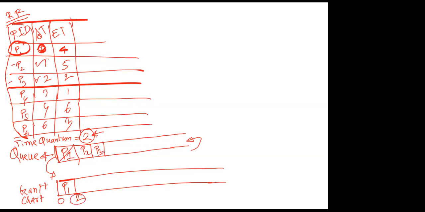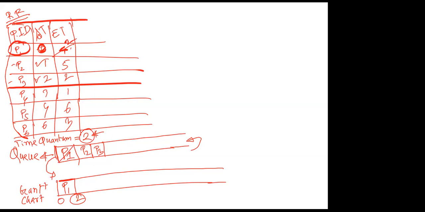Also, P1 needs 4 time units. It completes 2 time units currently. So it needs another 2 time units to complete its execution. P1 still needs the CPU. It is not completed yet.